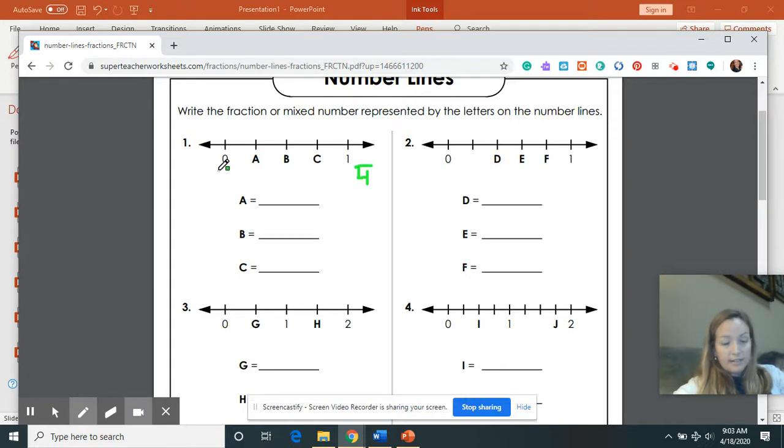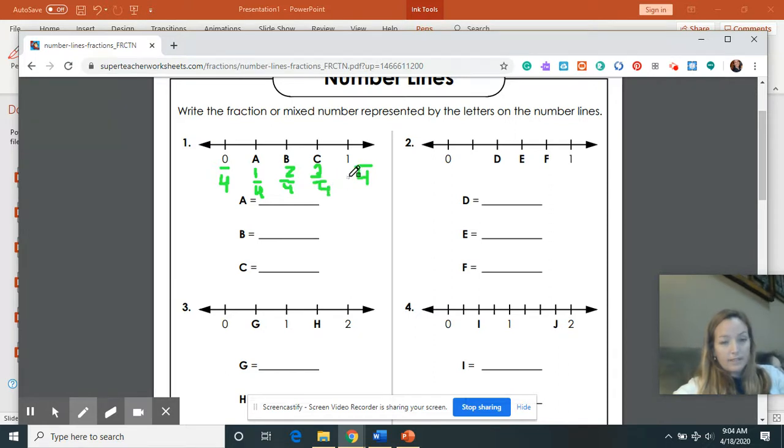And I know now that this is the first 0, just like a ruler. I'm always starting with my tick mark at 0. And then my next would be 1/4, 2/4, and 3/4.